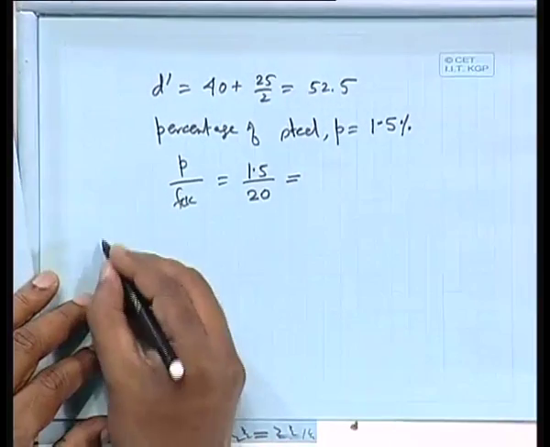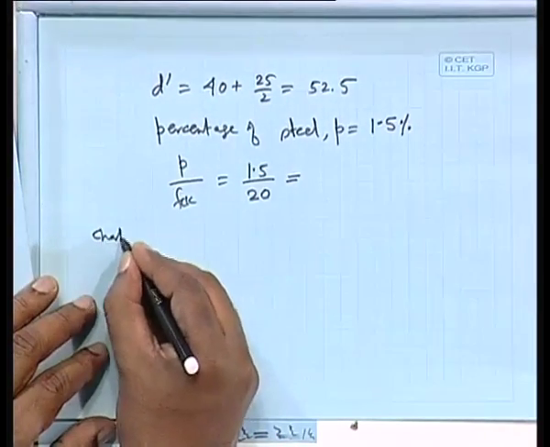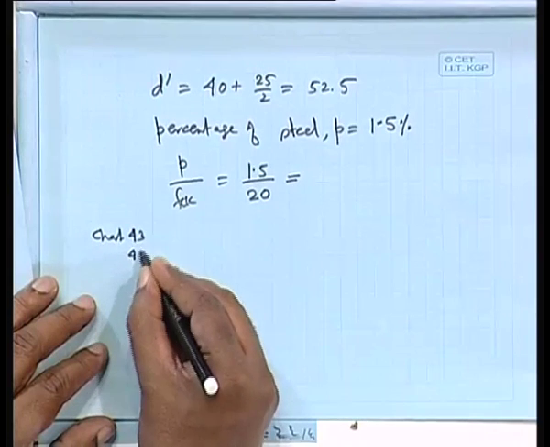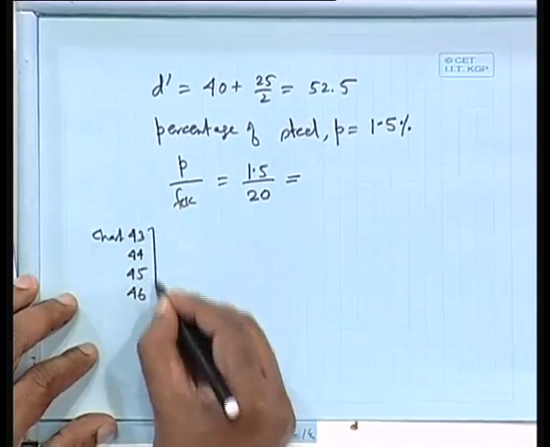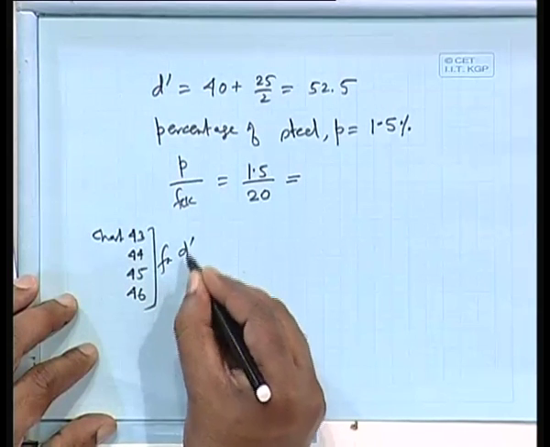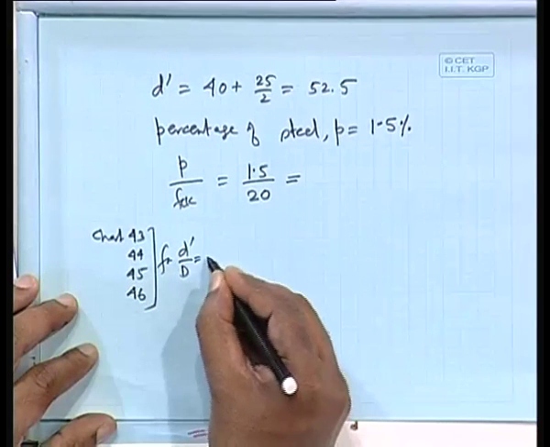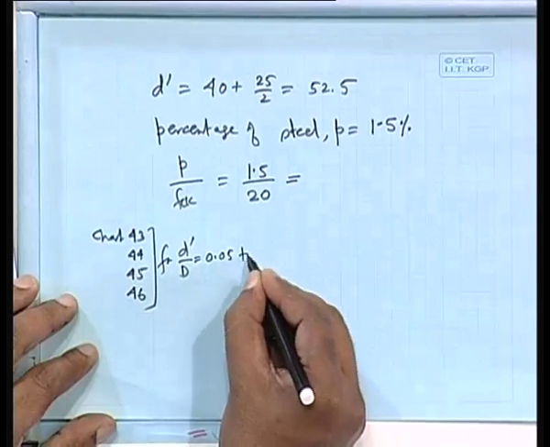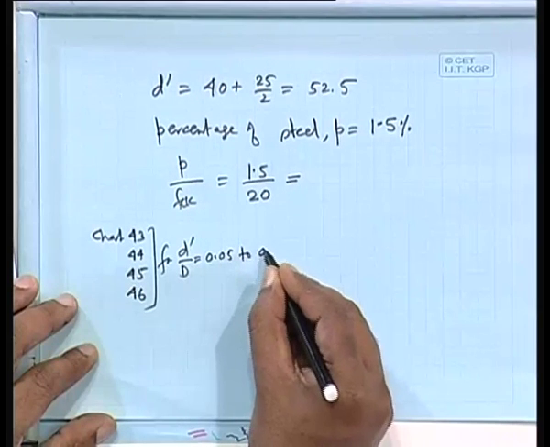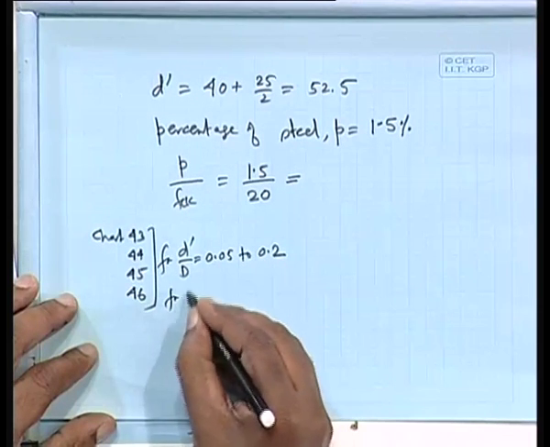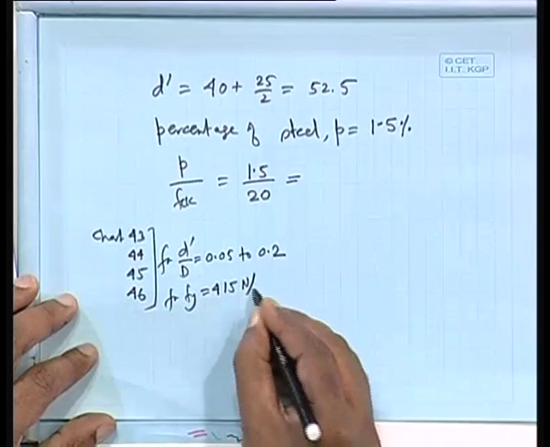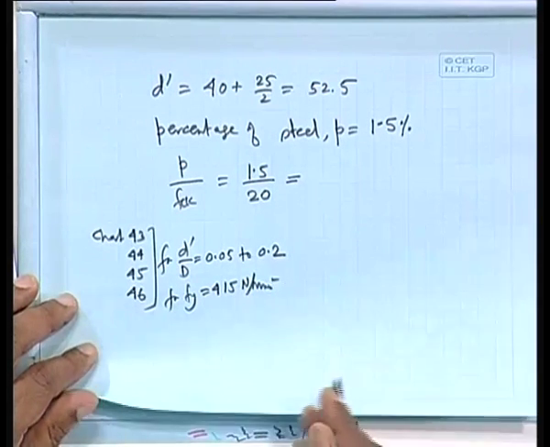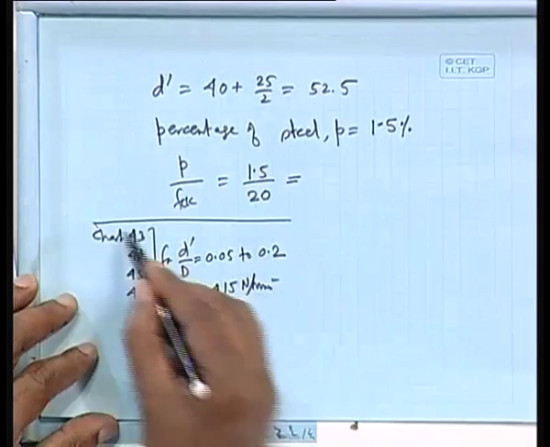These are the four charts. So, let us write down here chart 43, 44, 45, 46 for d dash by d equal to 0.05 to 0.2, for fy equal to 415 Newton per square millimeter. We shall provide this one.